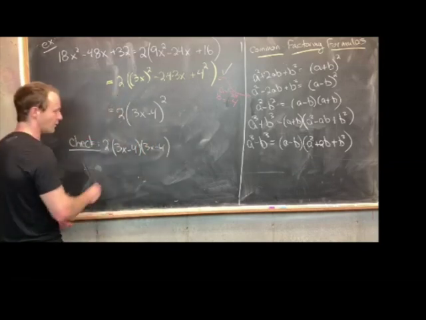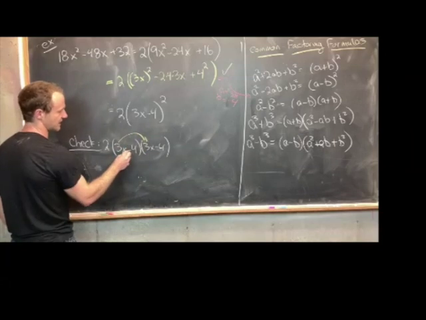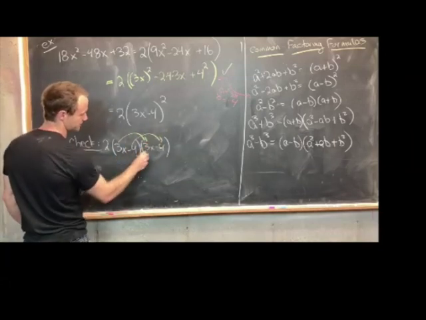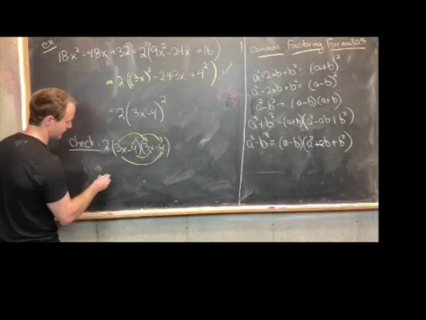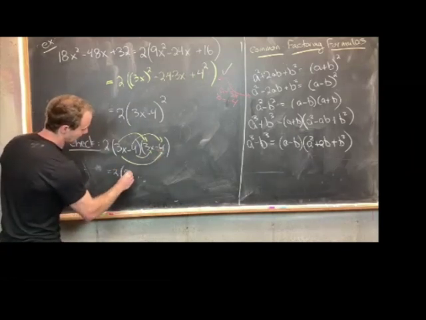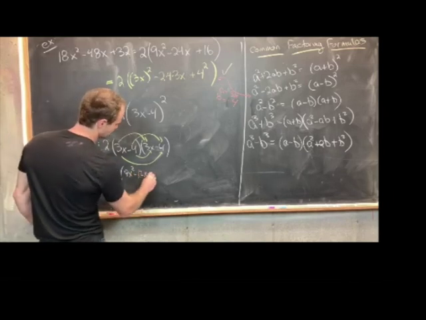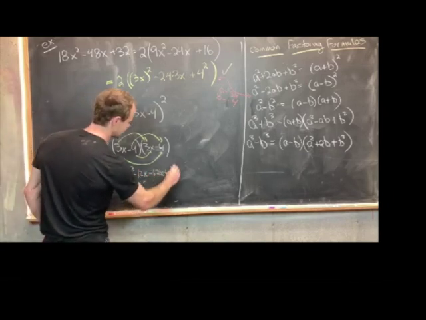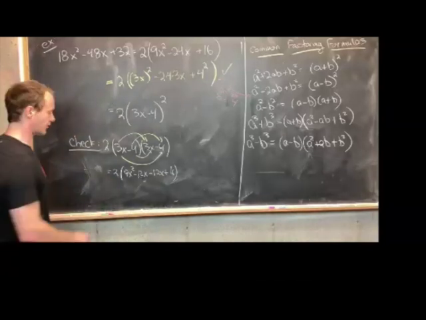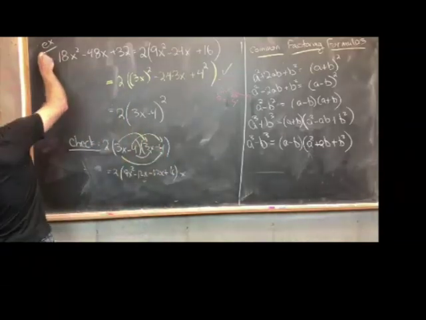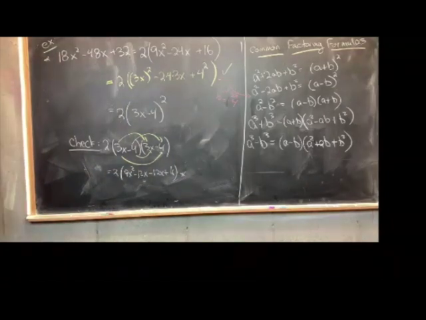Then we do all the foiling, and we would get 2 times 9x squared minus 12x minus 12x plus 16. Pretty quickly that goes back to what we started at. Okay, good. So let's do a couple more of these special factoring formulas, and then we'll move on to more general factoring maybe.